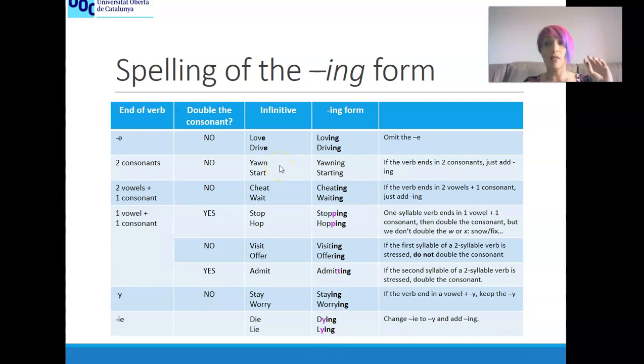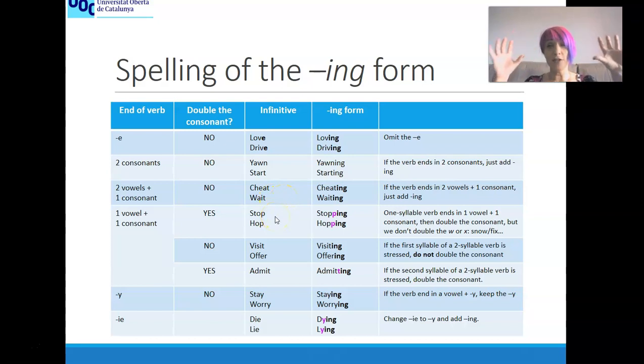Now, when the verb ends with two consonants, nothing happens. We just add ing and that's it. For example, yawn, yawning, start, starting, right? When the verb ends with two vowels and a consonant, we do nothing. We just add ing, okay? So for cheat, cheating, and wait, waiting, right?